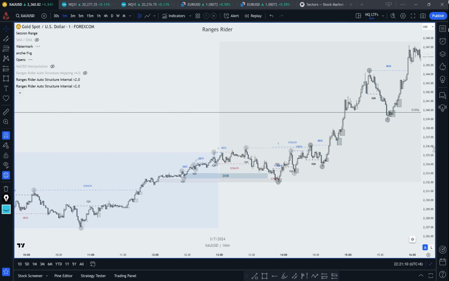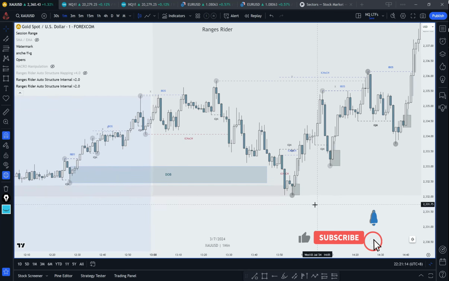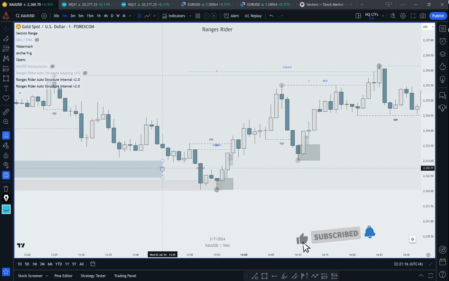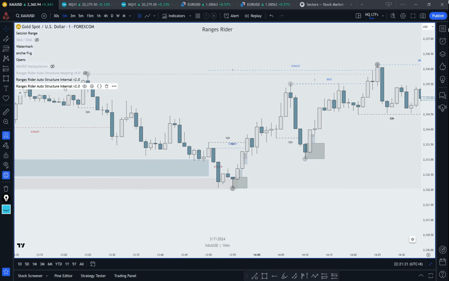On the 1 minute time frame, what we have? This is the DOB on the 3 minute, and from here I will start to mark the range. So this is the low, this is the high, right?